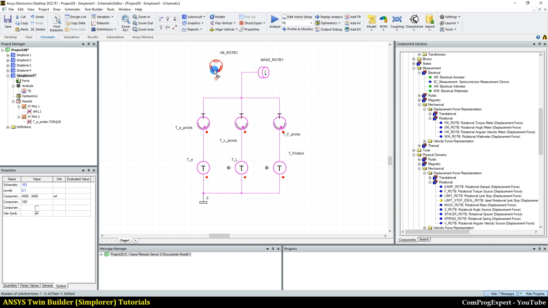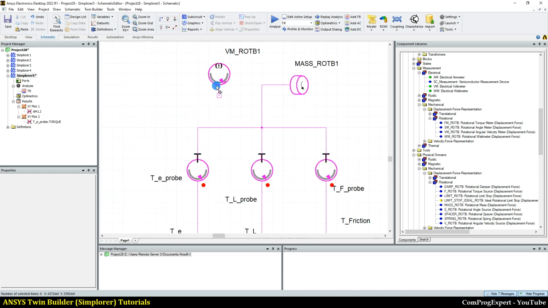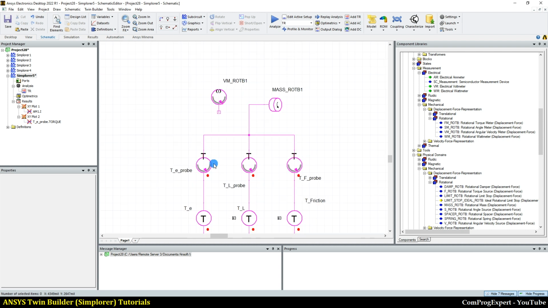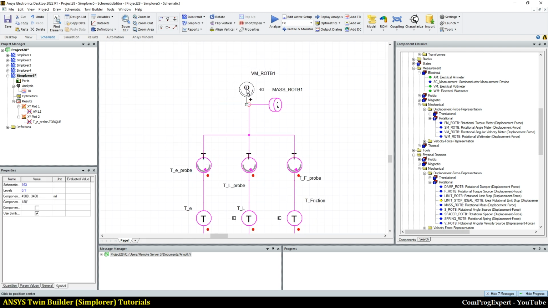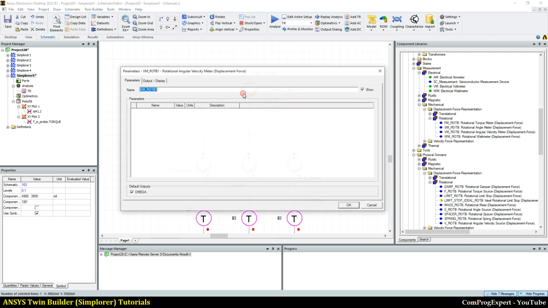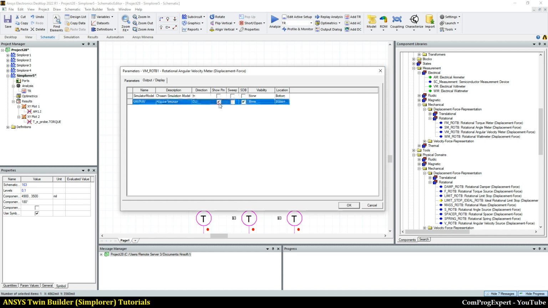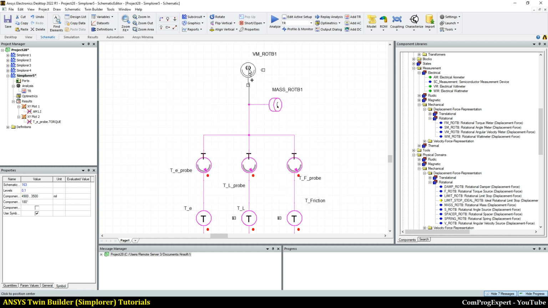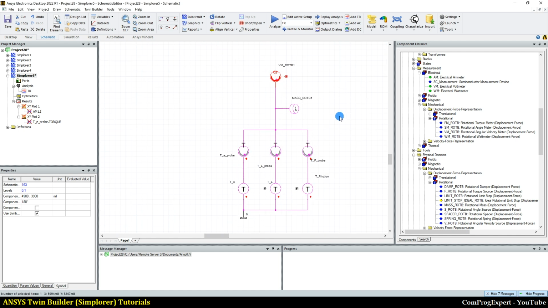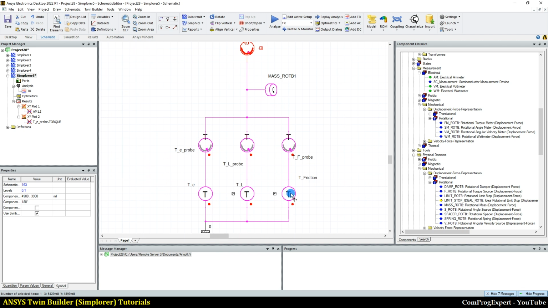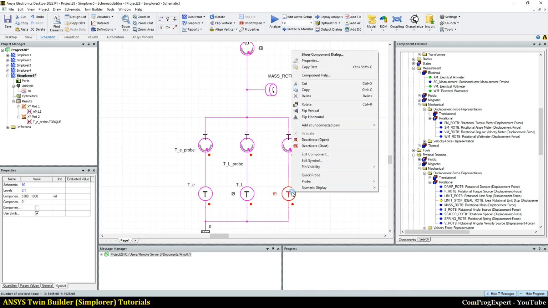So like a voltage probe. Yes, this is like a voltage probe. This is like a current probe. So I place this here and I need to have the omega, to calculate the friction torque and electric torque.